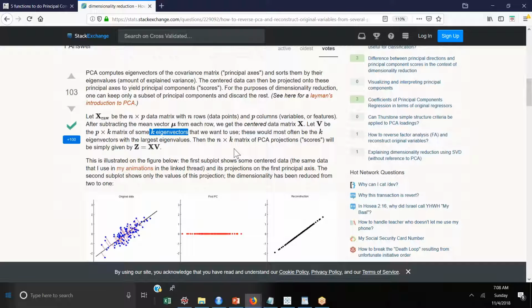Then the original data is n rows and p columns, right? But then the n by k matrix is the PCA projection. Given the PCA, we are projecting that data, and that is Z. We take the X data, that is the centered data, and use this transformation that we derived out of the first 2 eigenvalues and eigenvectors.